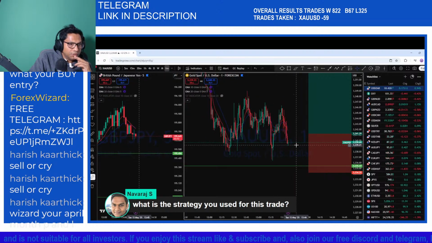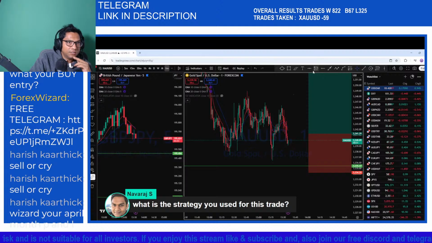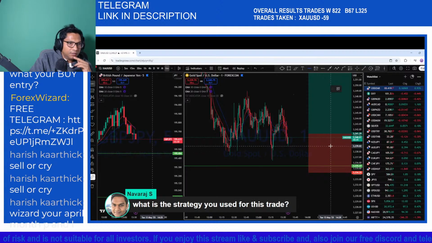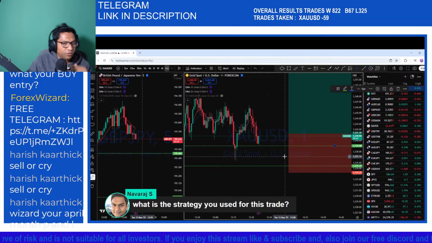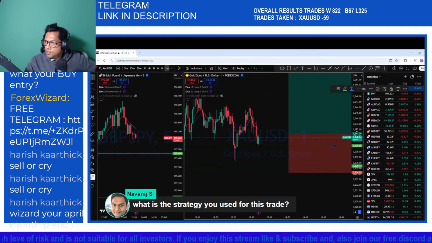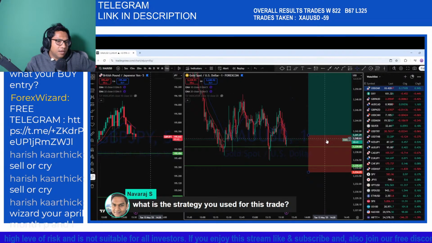So it's just touched that support. From here we may see a reaction to the upside.